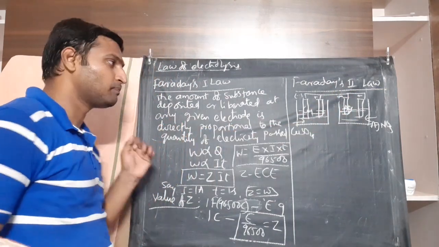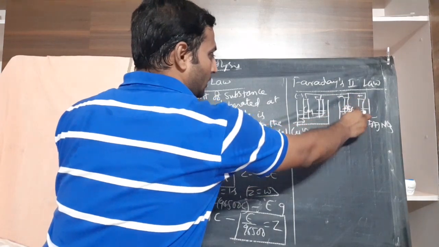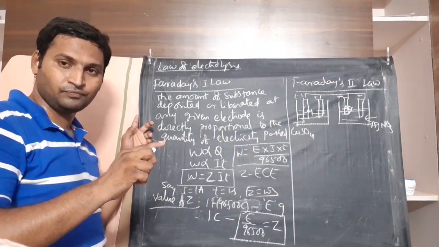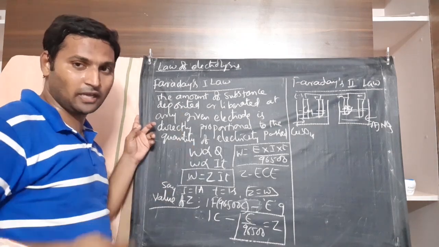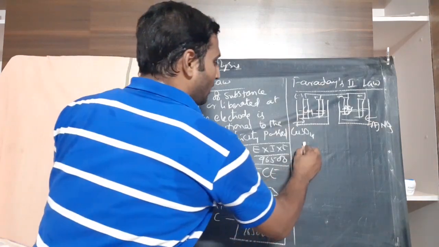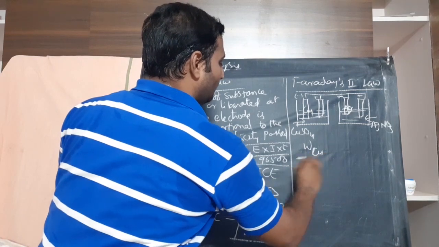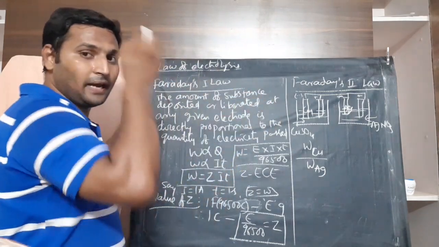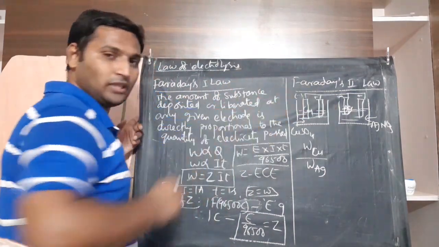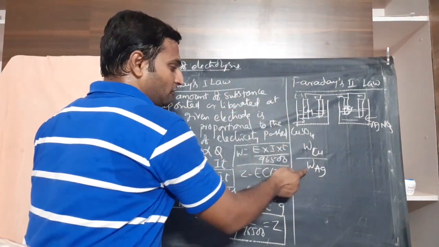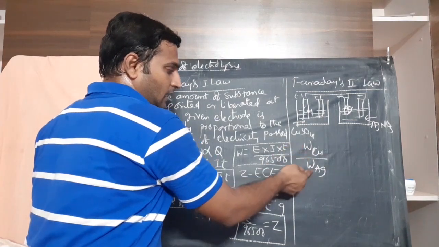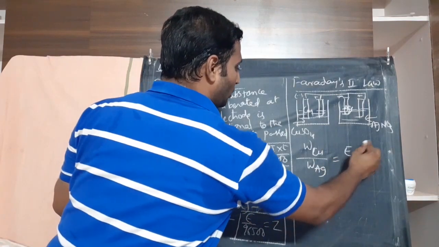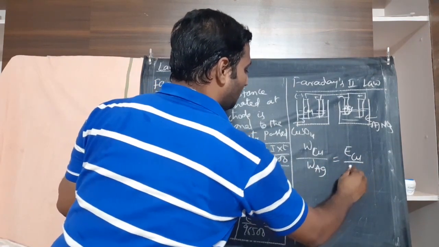Now the question is, when two electrolytic cells are connected in series and the same quantity of electricity is passed through them, then the ratio of weights of substances deposited at respective cathodes, in both cases you should compare both cathodes or both anodes, the ratio of the elements deposited or liberated at a given electrode is equal to the ratio of their equivalent masses.